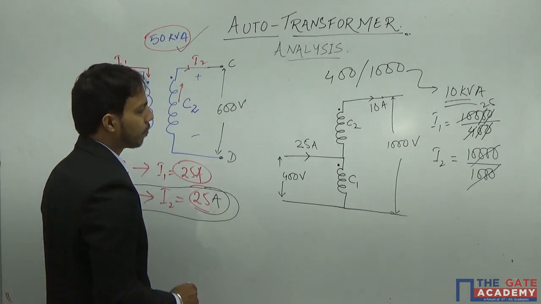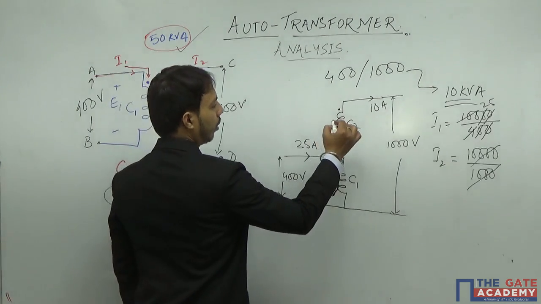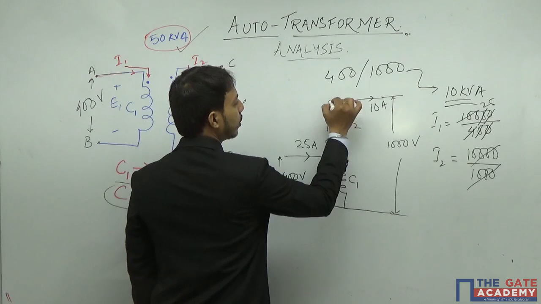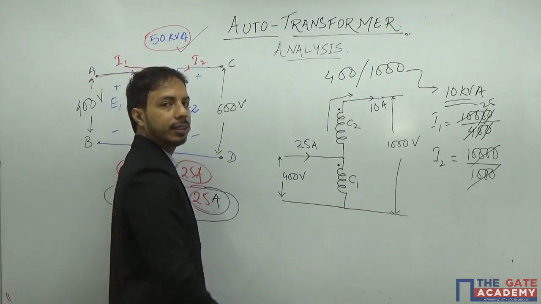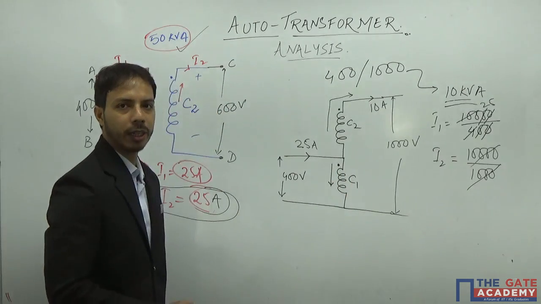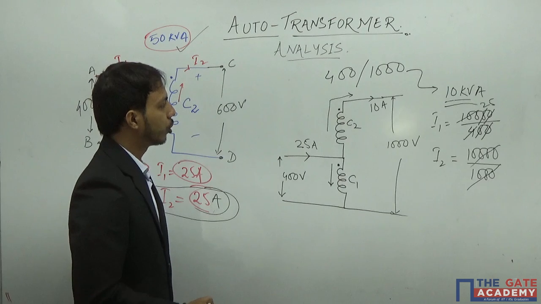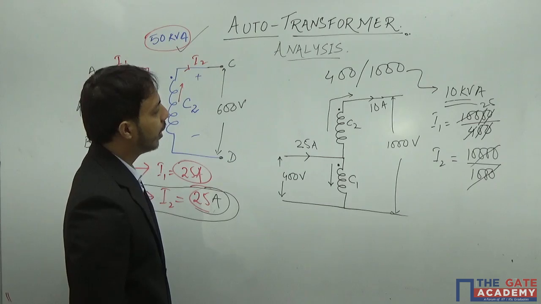So let us say that current is coming out from this C2. So current should go inside this C1. If current goes inside this, what will be the current in C2?